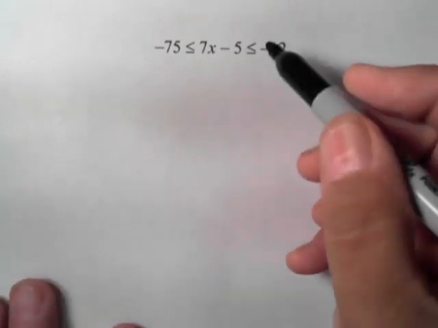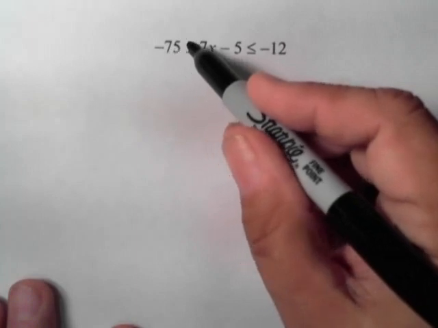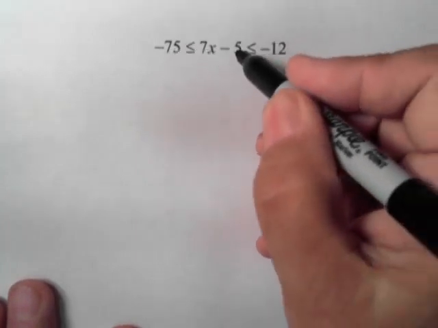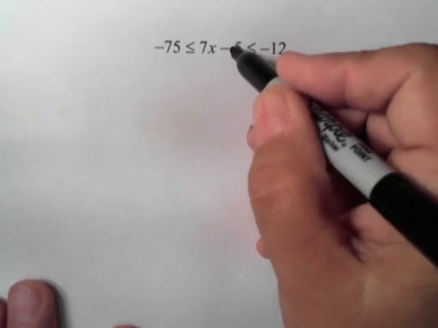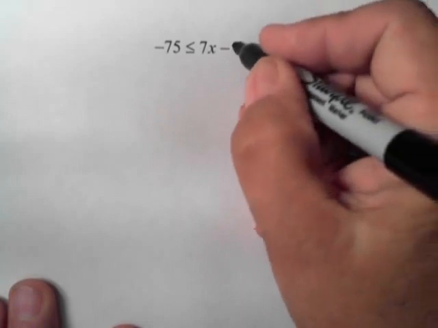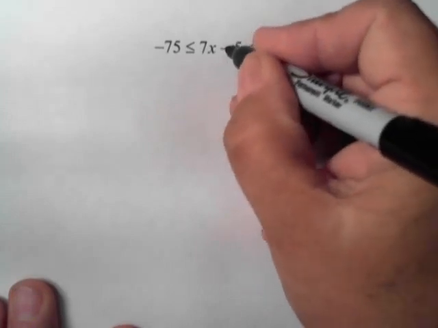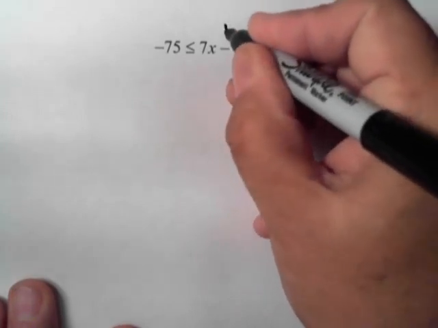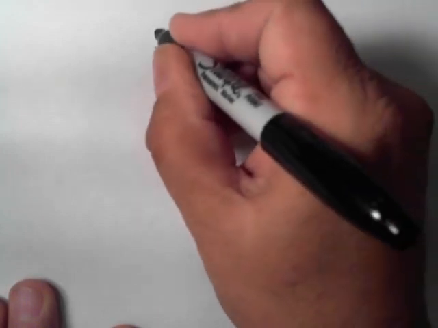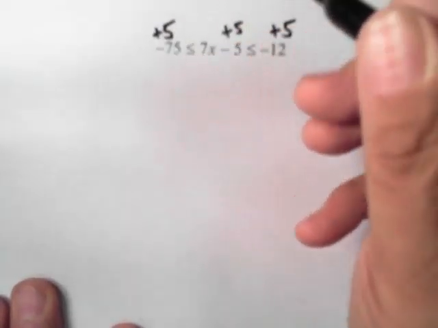Okay, so here we notice, okay, the x is in the middle here. We've got to get the x all by itself. So the first thing you always do is move anything by adding and subtracting. So I got to get rid of this -5. So in effect, I'm going to add +5 to all three of the sides here.